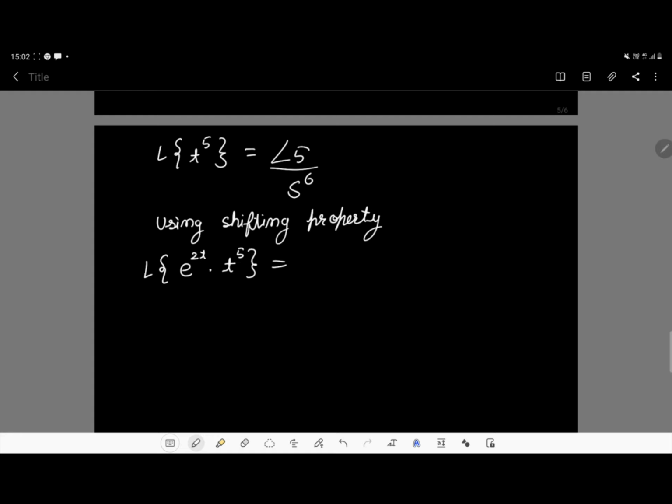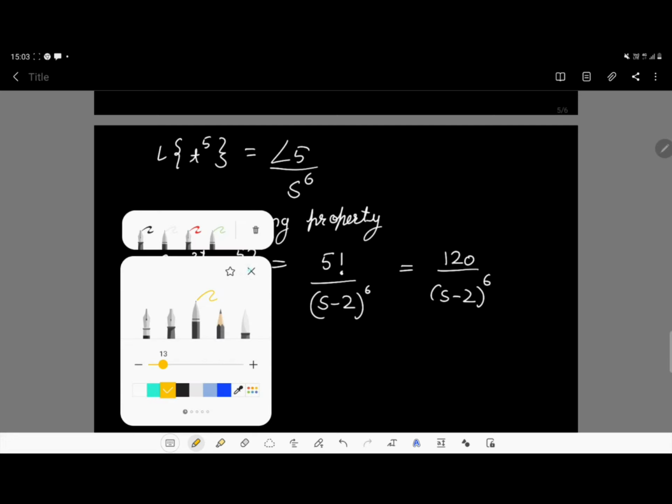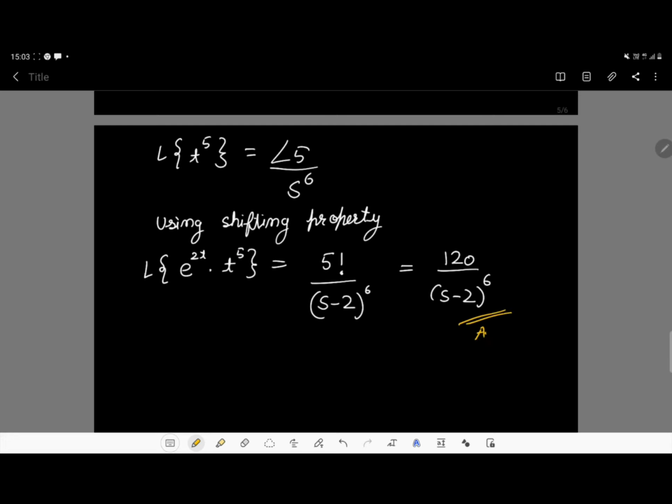So put s minus 2, which is equal to 5 factorial upon s minus 2 whole raised to power 6. So 5 factorial is 120, 120 upon s minus 2 raised to power 6. So this is your final answer. So this is very easy, directly you can do it.